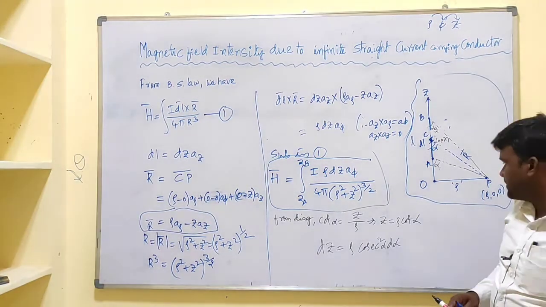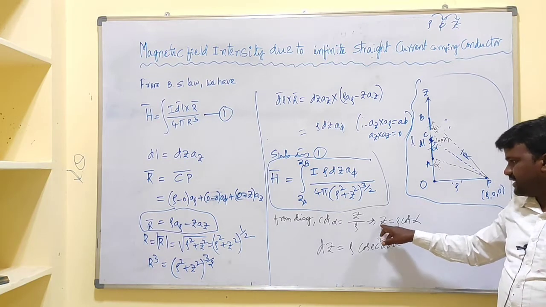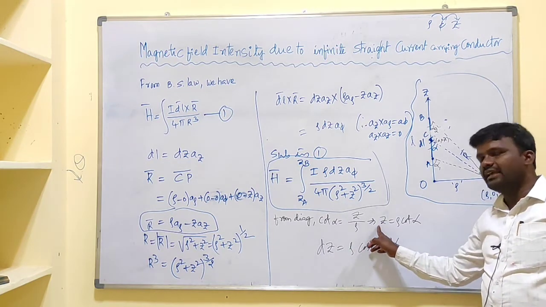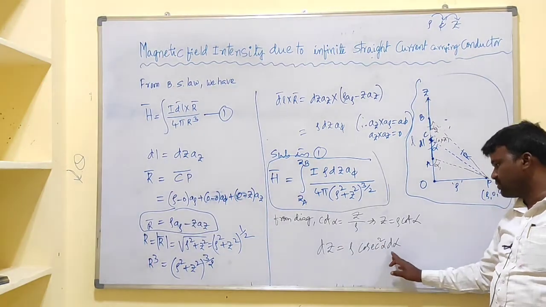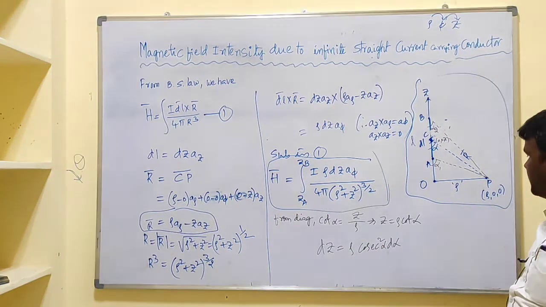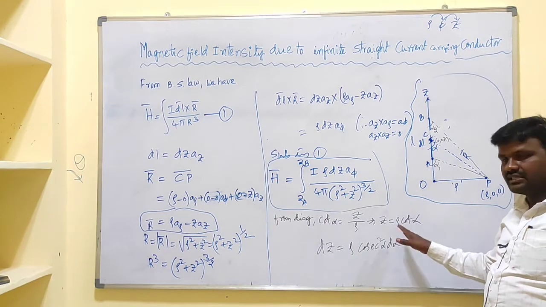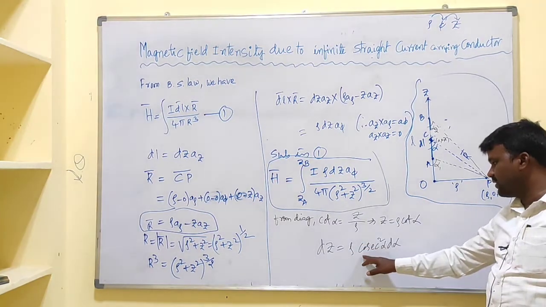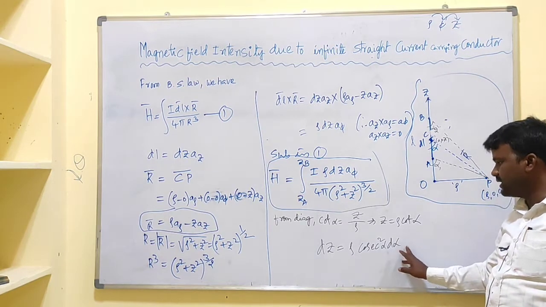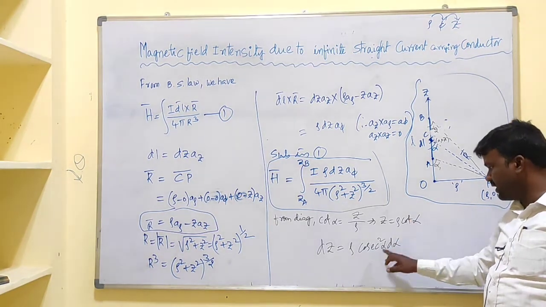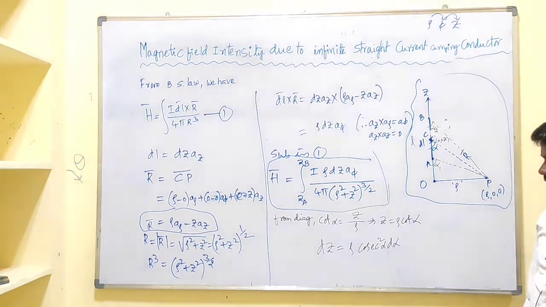Or else we can differentiate z with respect to alpha. That gives dz by d alpha equal to rho cosecant square alpha, that is, dz equal to rho cosecant square alpha d alpha. If alpha changes, z changes; if z changes, alpha changes. The differentiation of cot alpha is cosecant square alpha d alpha.